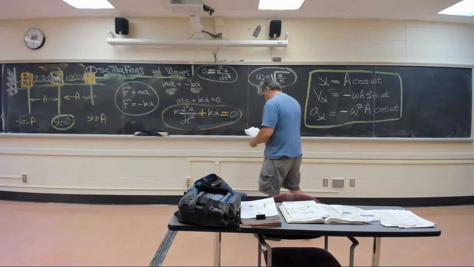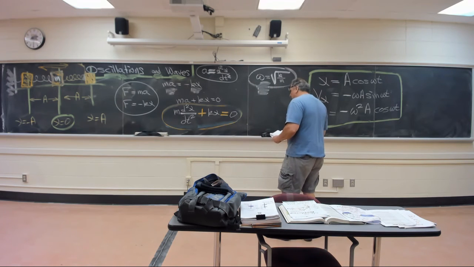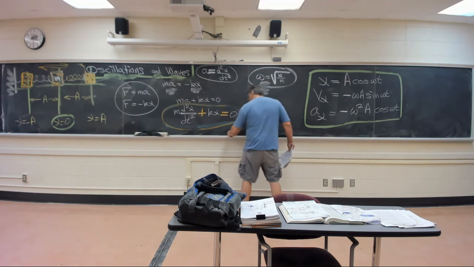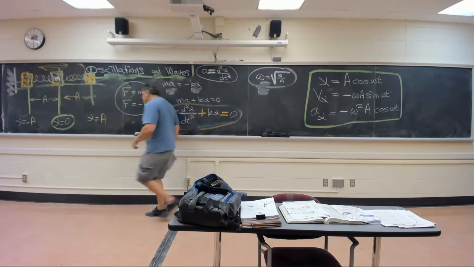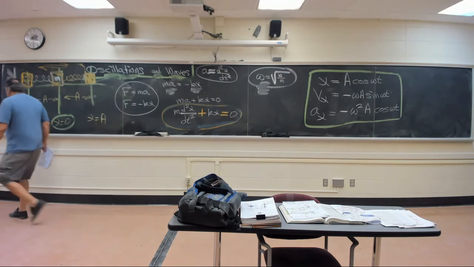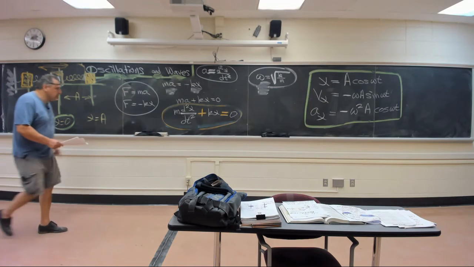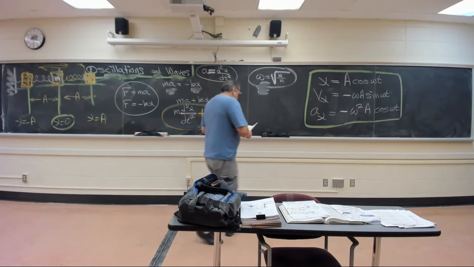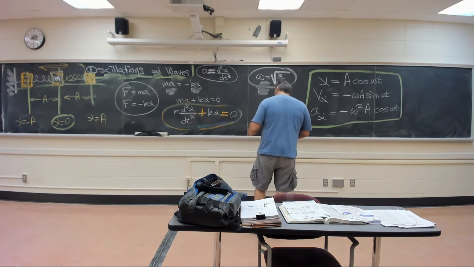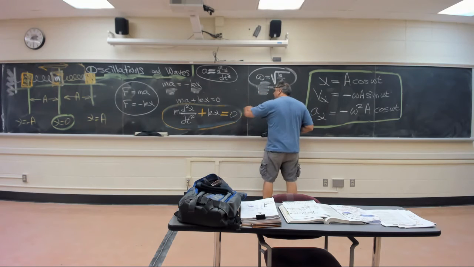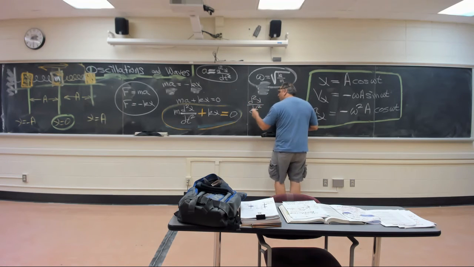How are you going to do it now? Well, there's a lot you can do. Do you agree you could take this and divide by m all the way across? Now, you don't have to know this stuff, guys.